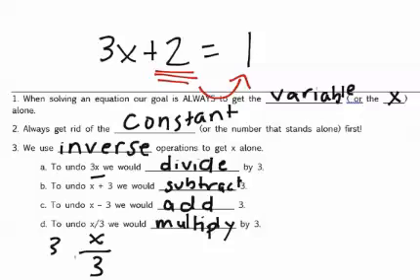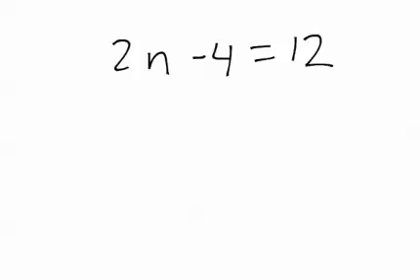All right, moving right along to number 1. We have 2n minus 4 equals 12. So first thing, ask yourself, what do we need to get rid of first in order to get n alone? We need to add 4 to both sides. As I am doing this on my board, I want you to be writing down the problem on your paper and asking yourself the same questions that I'm asking and trying to stay with me.